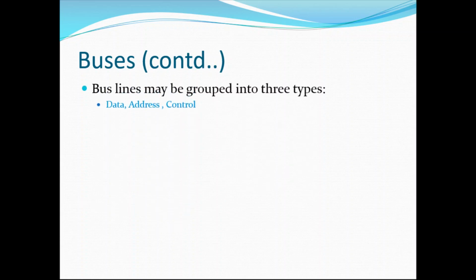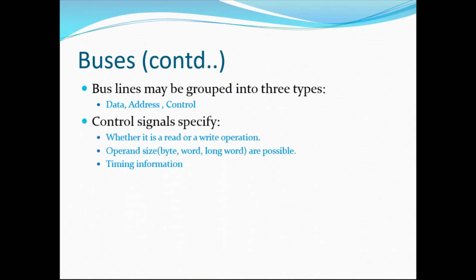As we already know, when we say bus, it includes three lines: data lines, address lines and control lines. The address line is used to specify the address of the memory location from which data should be read or to which data is to be written.